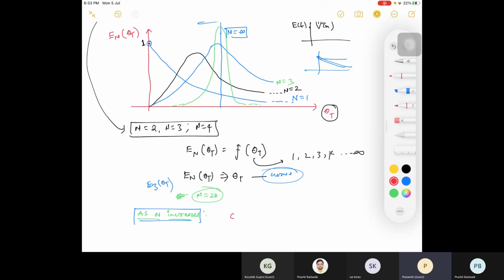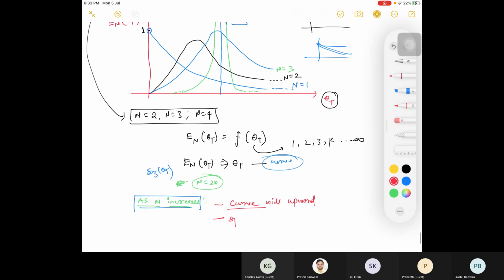So your variance will decrease, right? The curve will shift upward and spreadness will decrease.